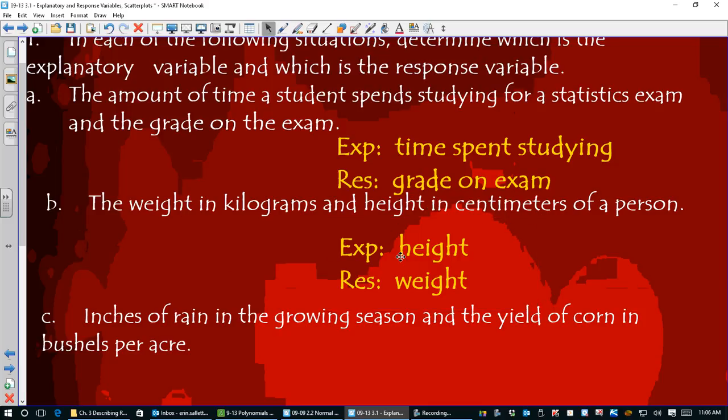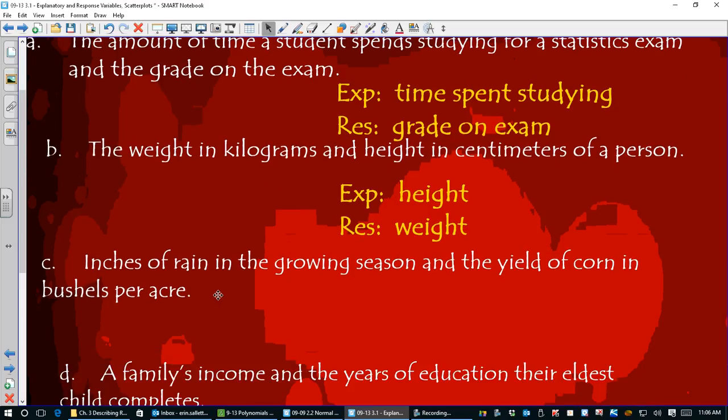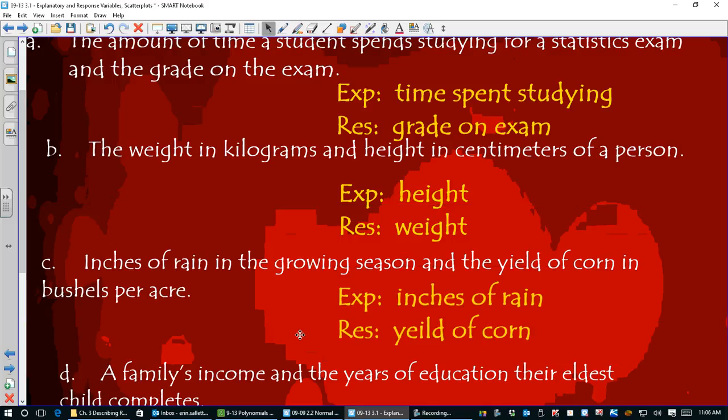However, the taller the person is, we believe that the weight is going to be increasing because the more height you have, the more weight you will have. So that will be that relationship. Inches of rain in the growing season and the yield of corn in bushels per acre. The corn is going to be affected by the rain, so the rain is going to be your explanatory variable, and your yield of corn will be your response variable.